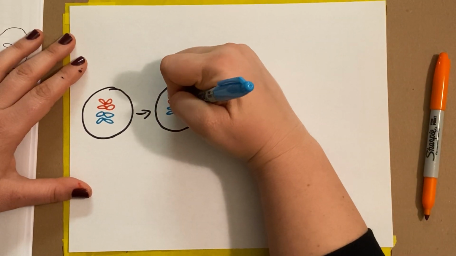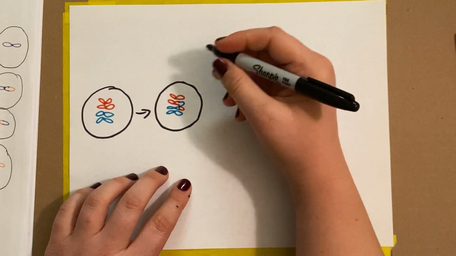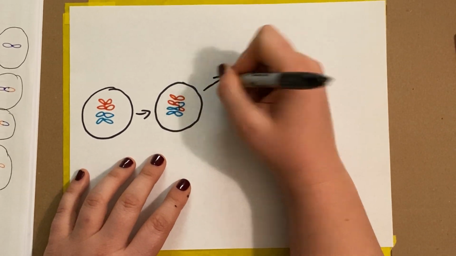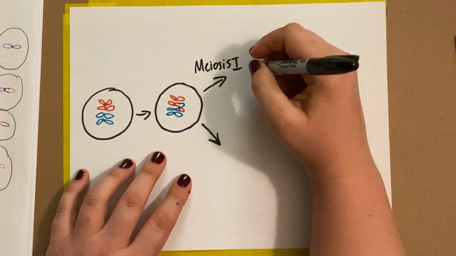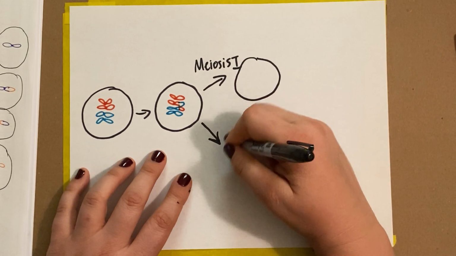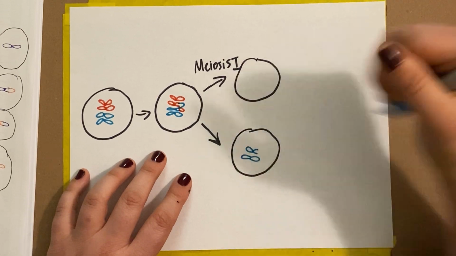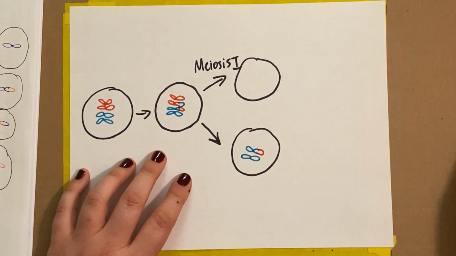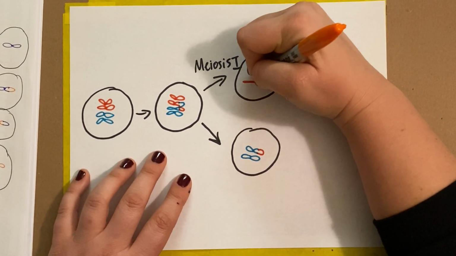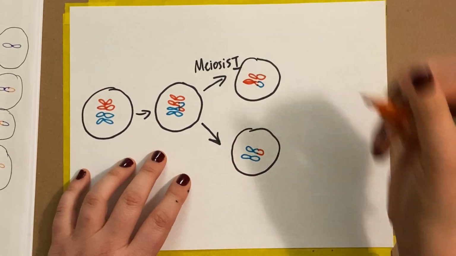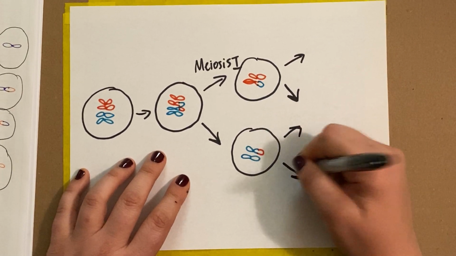And crossing over always takes place. So it's not like it sometimes happens. So what's going to happen is that this would go through meiosis 1. Okay, and so we're going to end up with a cell right here and a cell right here. This one is going to have a combination of the blue and the orange. Same with this one. Okay, and then we're going to go through meiosis 2.